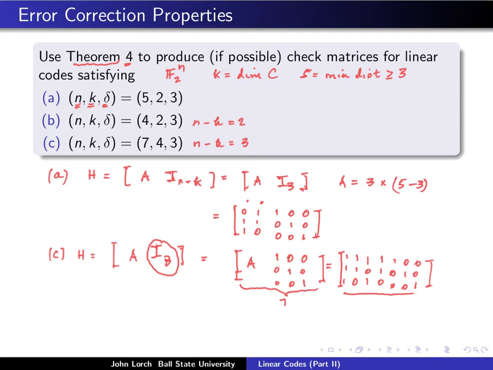So in some sense, this is an optimal code. And in fact, it's called a perfect code. And we'll see why that is in a future video. At any rate, all we need to know is that this is a 4-dimensional, 1-error correcting code inside of F2^7.